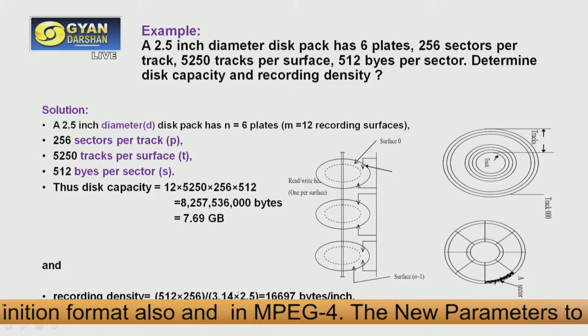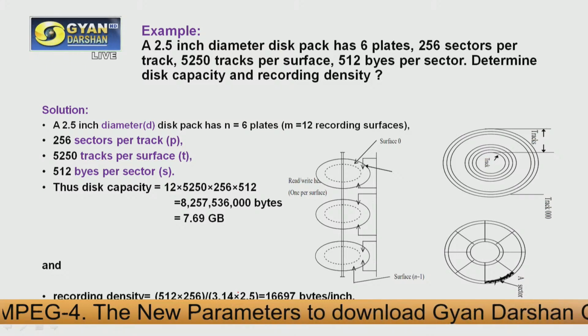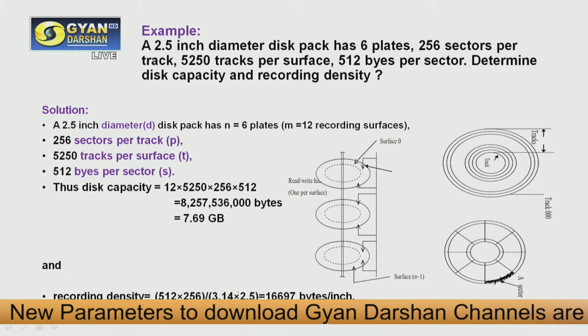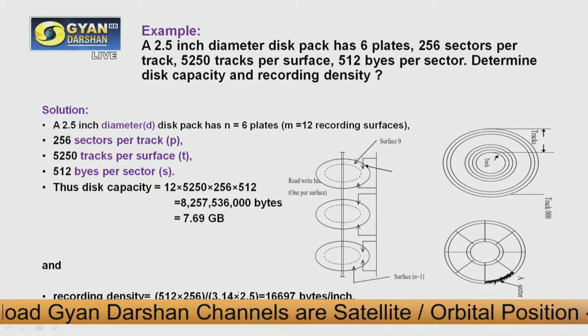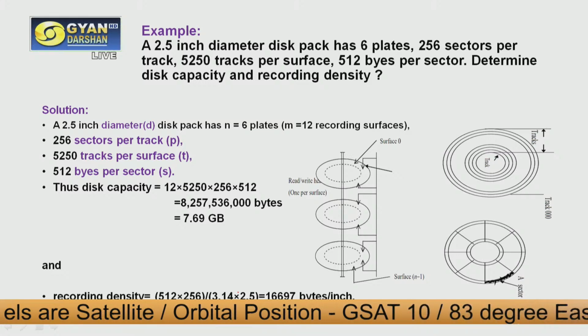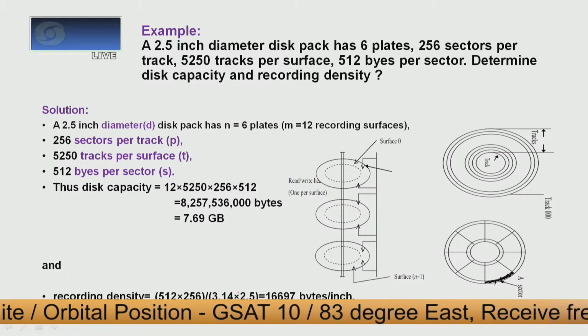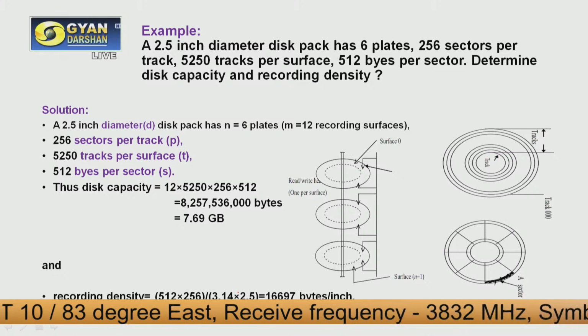Here we are given the diameter of the disk, that is 2.5 inch, which is required to calculate the recording density, because the formula for the recording density is S into P, that is, bytes per sector into sectors per track, divided by pi, that is 3.14, into D, the diameter of the disk.